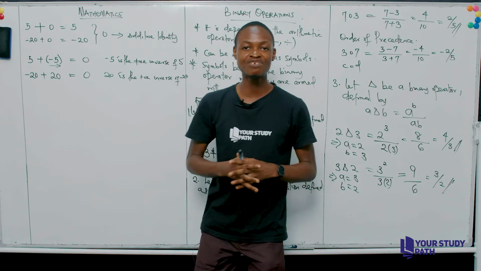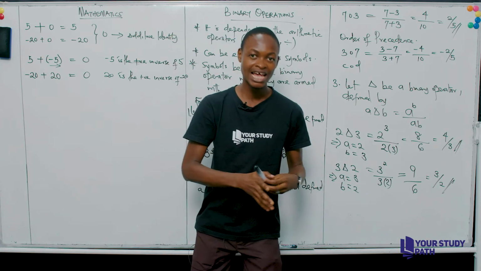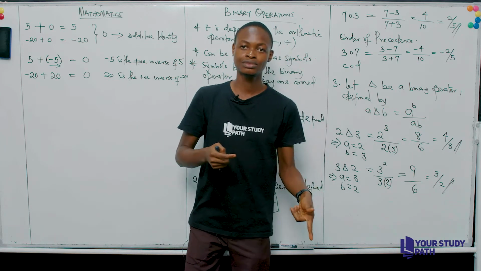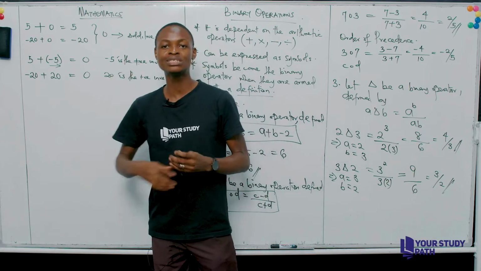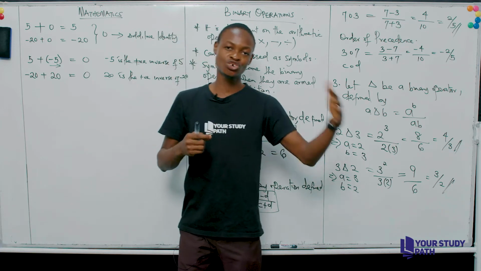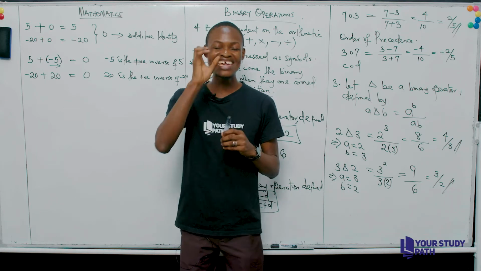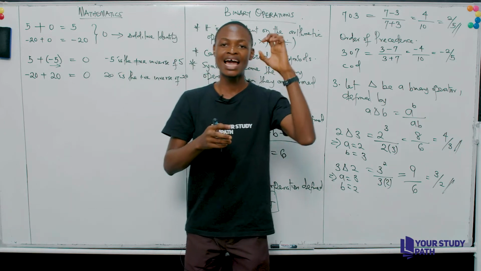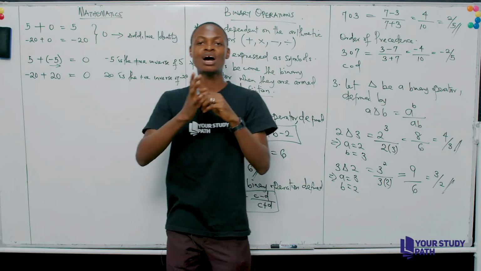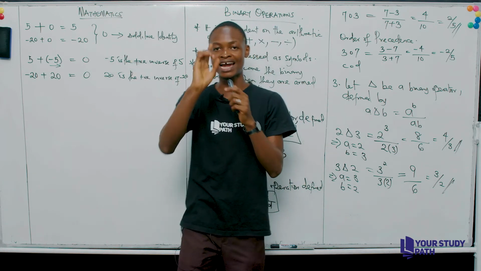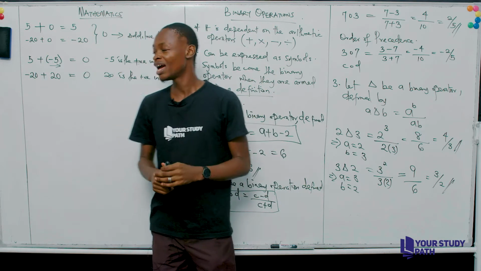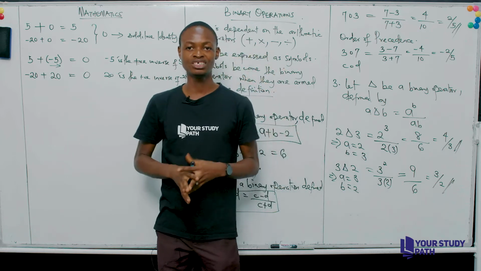Just as the additive inverse of minus 20 is 20, the additive inverse of 20 itself is minus 20. The additive inverse of 1 million is minus 1 million. The additive inverse of minus 3 over 2 is 3 over 2. Which means that for each number, you have a unique additive inverse, and for all the numbers, you have one additive identity. Does that make sense? It means that the identity is general for all of them and the inverse is specific.